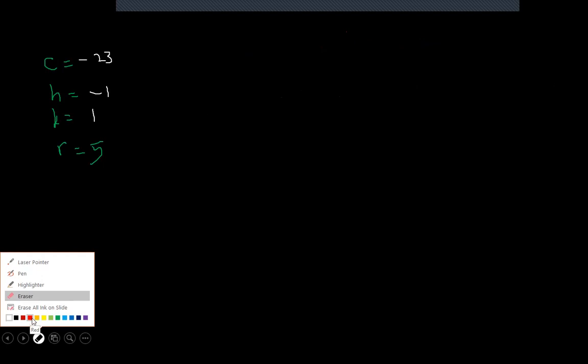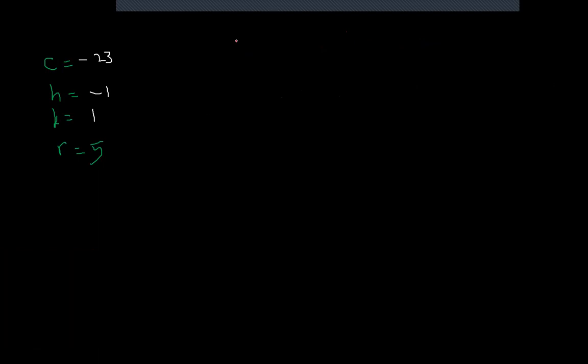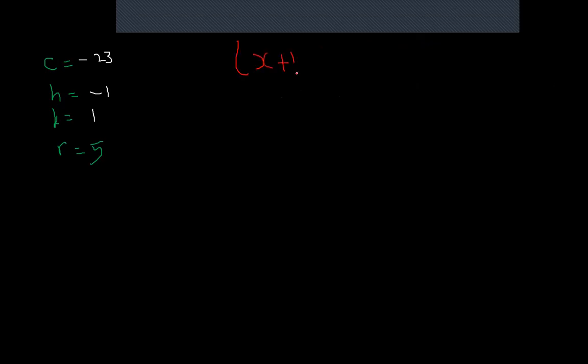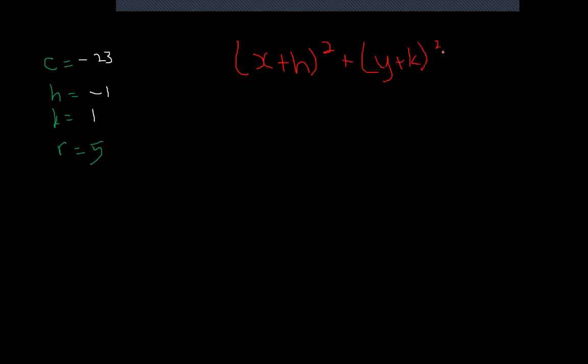So by expanding the standard form, which is x plus h squared plus y plus k squared is equal to r squared, I could get the general form.